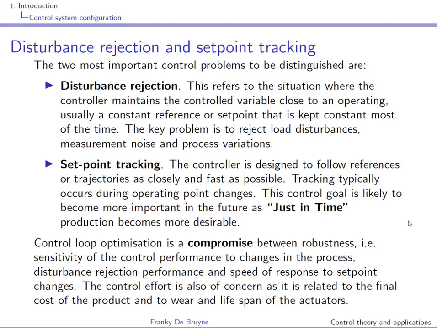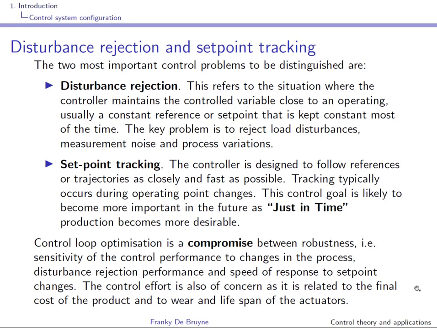In practice, there are two important types of control problems: disturbance rejection problems and set point tracking problems. In a disturbance rejection problem, the set point is constant or hardly ever changes. The main goal of the controller is to reject the disturbances, the output disturbances and the load disturbances.